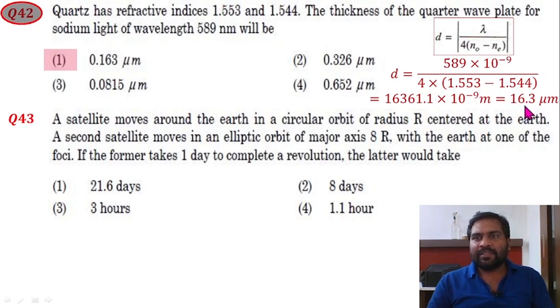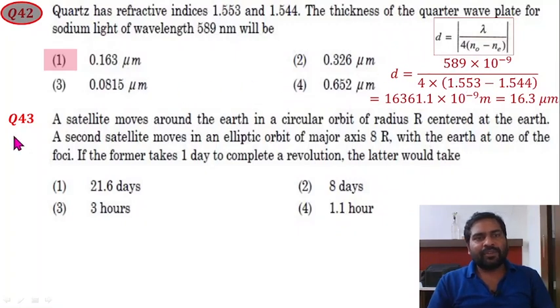And calculate it, so it is 16.3 micrometer. Although it is written here as 0.163 micrometer, the option is not matching, some error is there. It should be 16.3 micron. Just use this particular formula, learn this formula, and you can calculate by yourself as well.